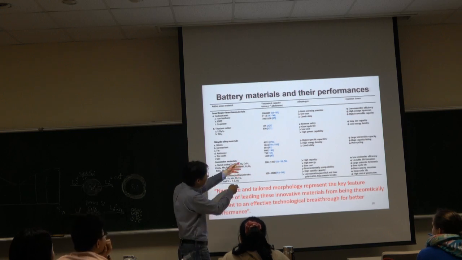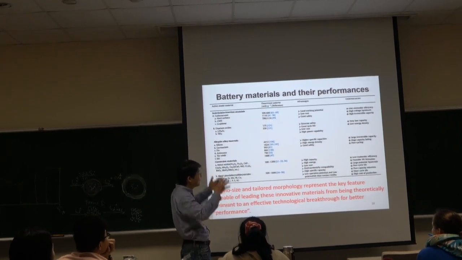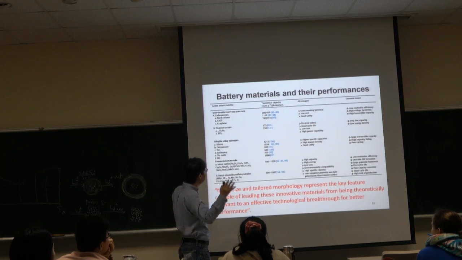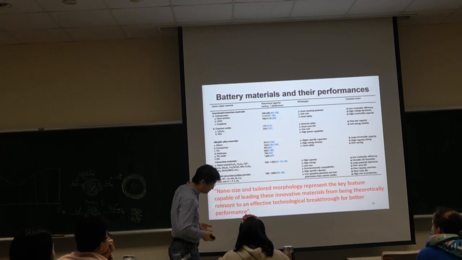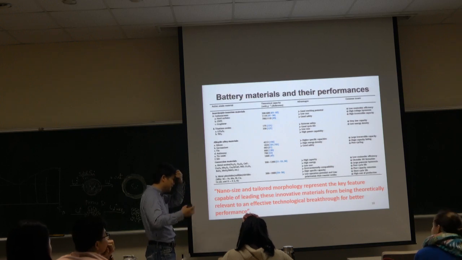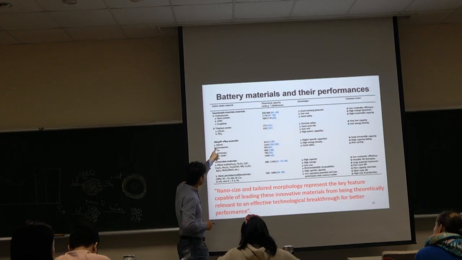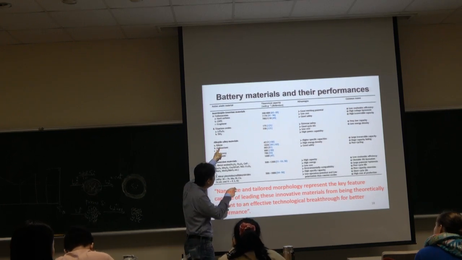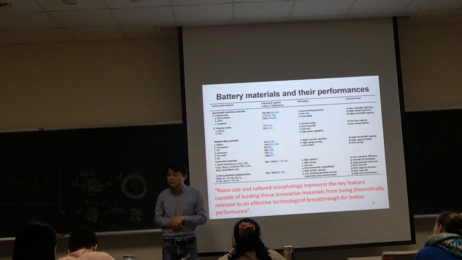But carbon's cost is quite low, and it's quite safe, and easy to get. But if you look at silicon, the specific capacity is 4,200.